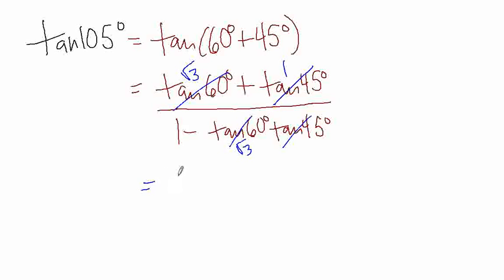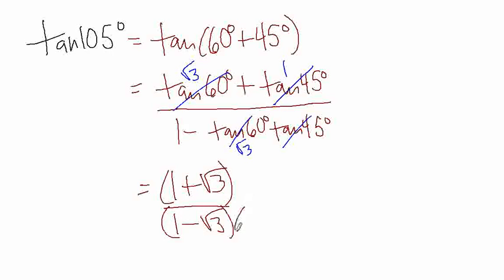All right, so this is equal to, let's see, 1 plus the square root of 3 on top, 1 minus the square root of 3 on bottom. Now, maybe I can, just to be fancy, remove the radical from the bottom, although that's not strictly necessary. I'll multiply the top and bottom by 1 plus the square root of 3.